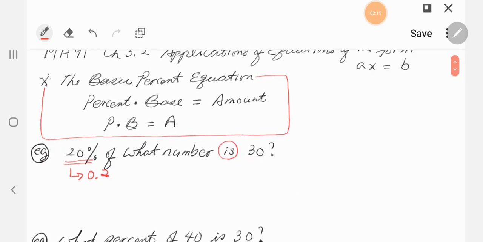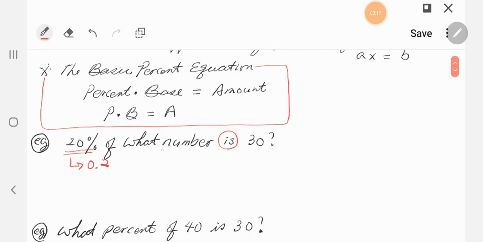So 20% of one number. That means one number is the base. In this case, of means multiply. So 20% of one number means multiply these two numbers, 20% and the number. We don't know the number, so let's use a variable b because this is the base.